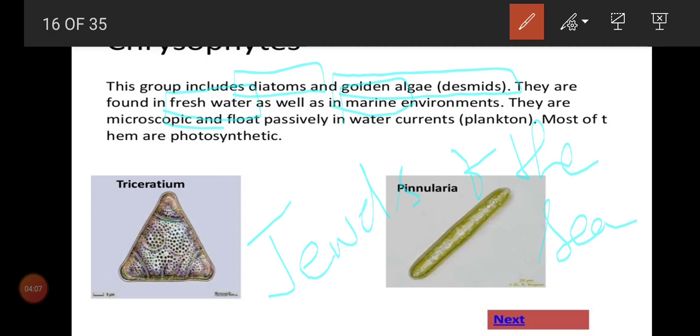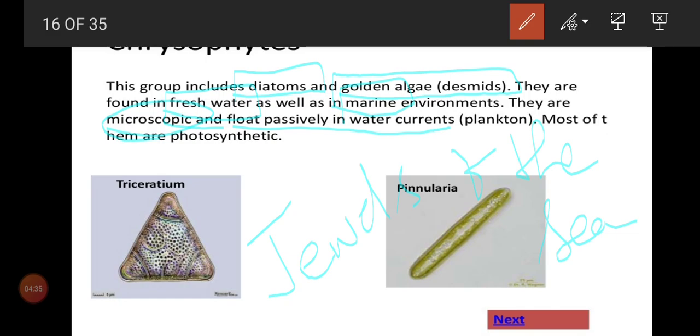And they are microscopic because they are single celled eukaryotic, and they float passively in water current. Why passively? If it had its own mechanism, it would move automatically in the water, but it doesn't contain any flagella or other structure.